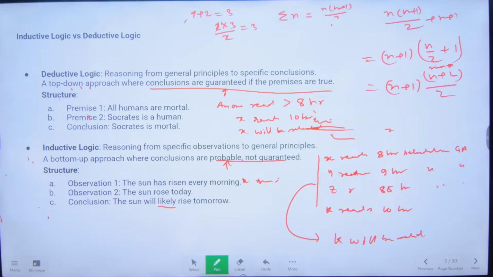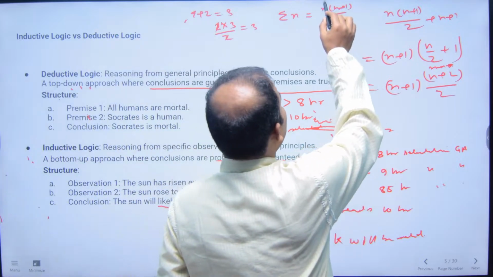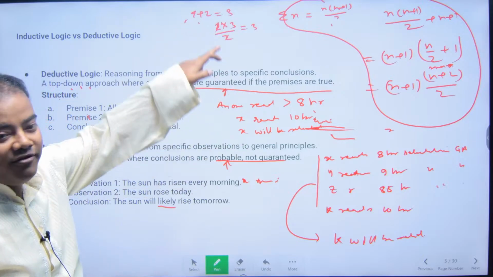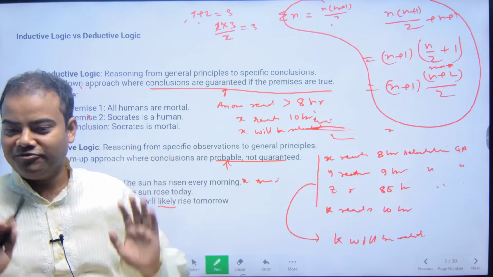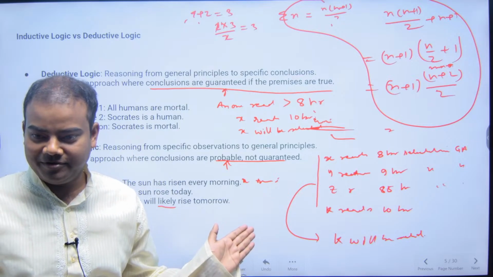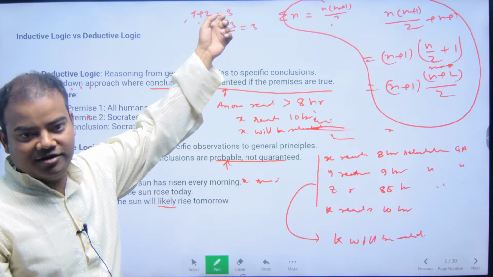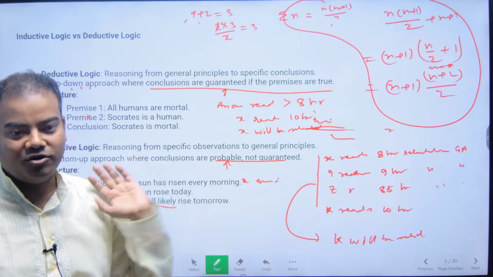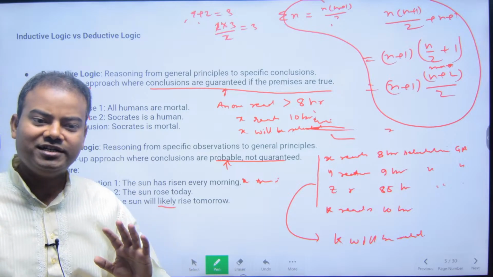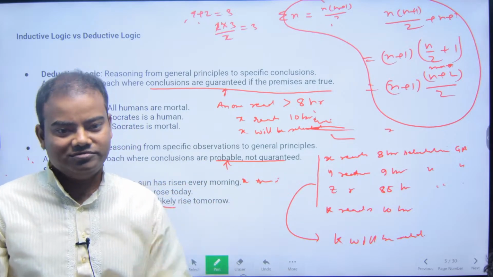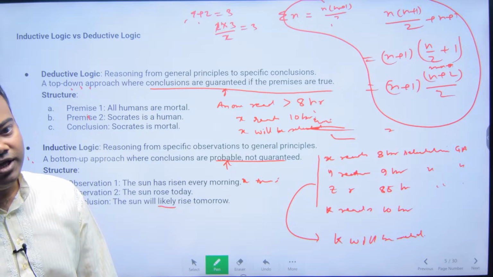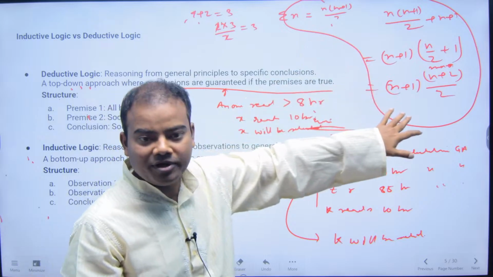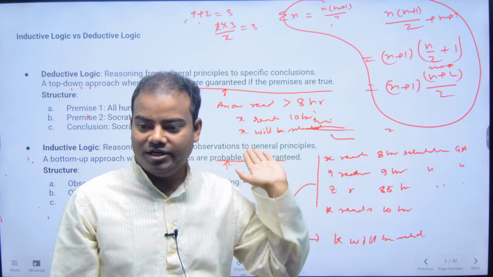Why not inductive? If we do not do this step and we only check for 1 term, 2 terms, 3 terms, for n terms, and we consider that it is true for n plus 1 also, then that is inductive. It means we check for 2 terms, similarly 3 terms, 4 terms, 5 terms, and later on also 10 and 12 terms, and then we consider that it is true for 10 terms, so it will be for the next term also. Then that is called inductive logic. But because we have done this step, it is not inductive now, it came to deductive. Is it clear?